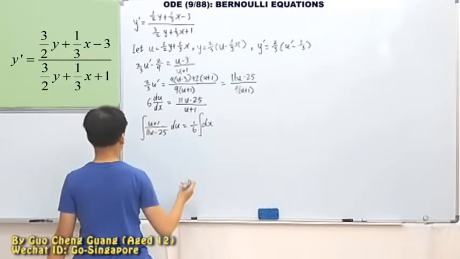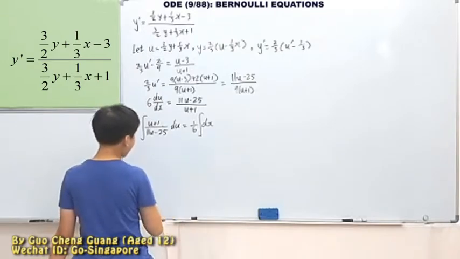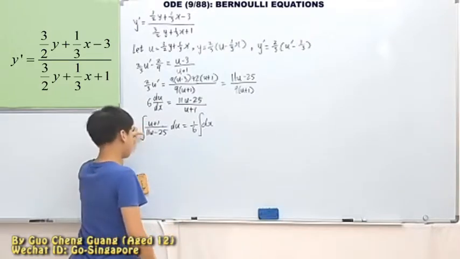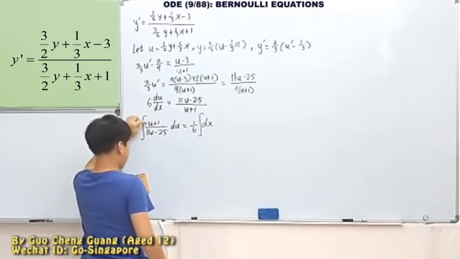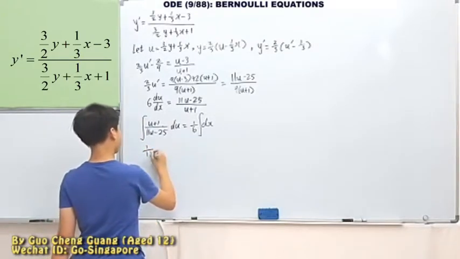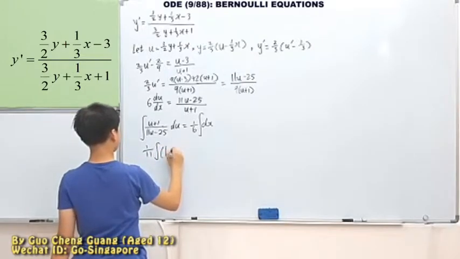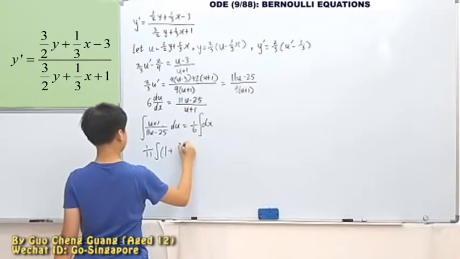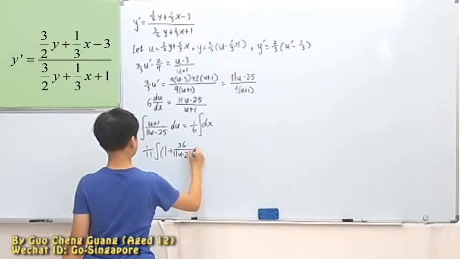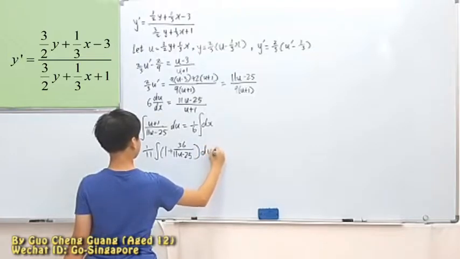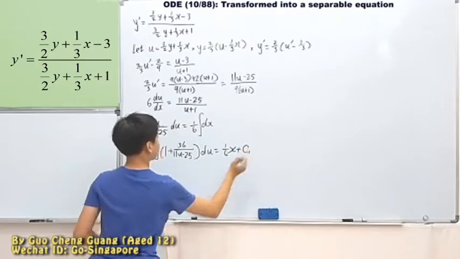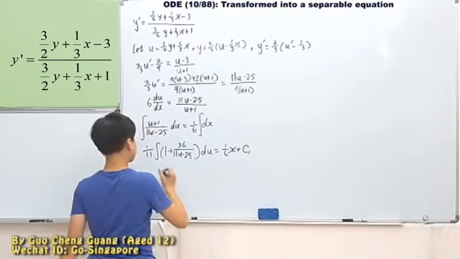By this point, you can't straight away integrate. For me, I would try times 11 here, since the denominator has 11u. That means this part you need to divide by 11. This part you can integrate straight away first.